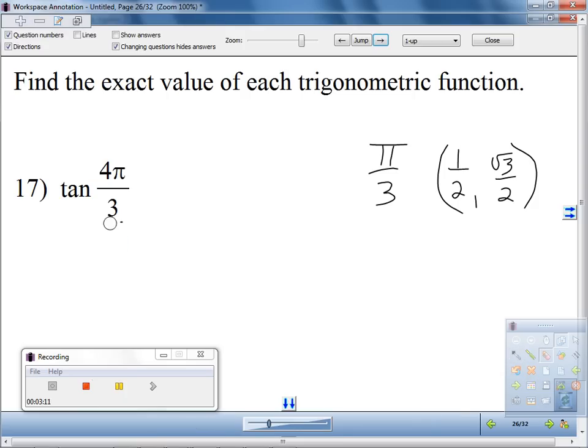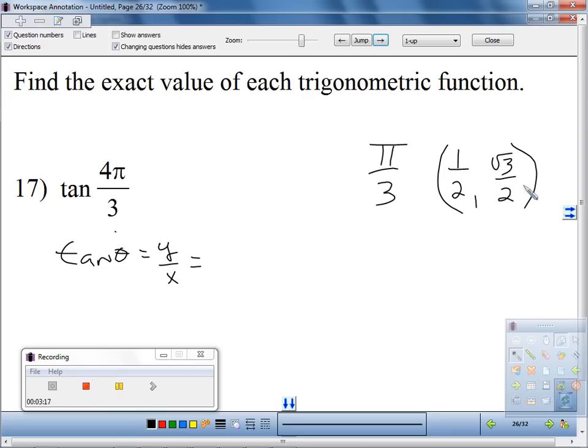Remember, tangent is going to be y over x. So our y value is square root of 3 over 2, x is 1/2. We went through all this before. We end up with a square root of 3.